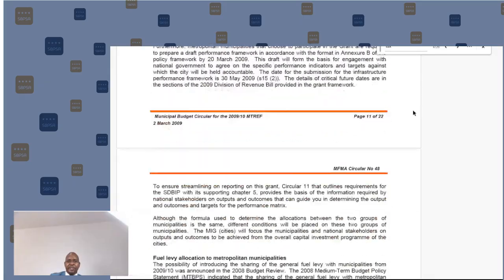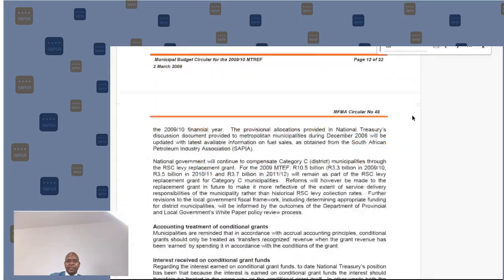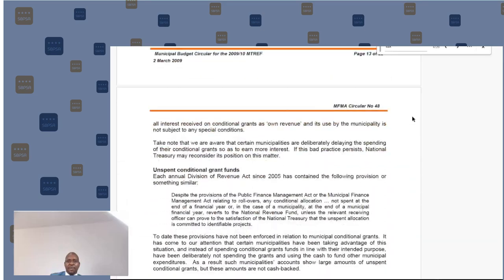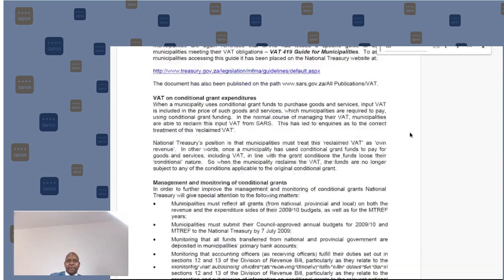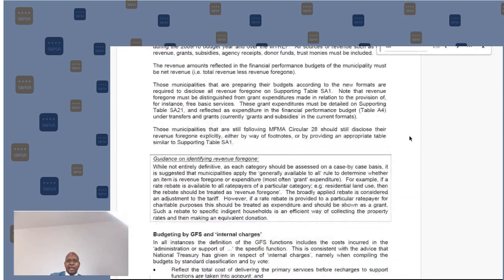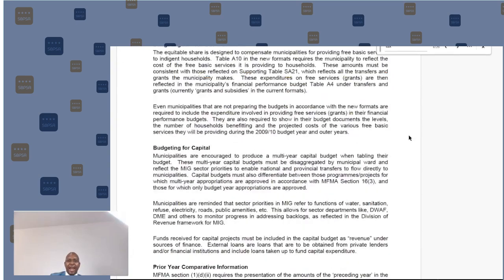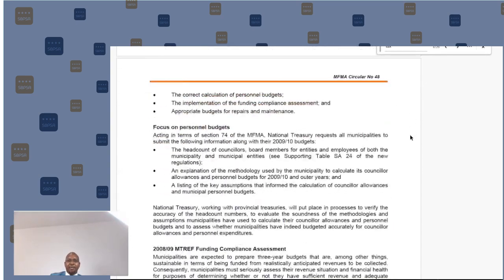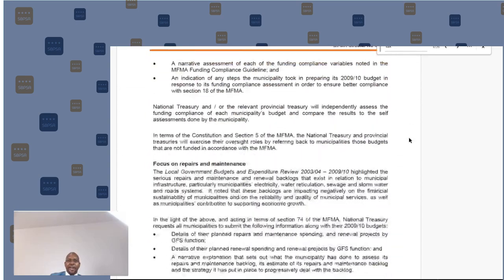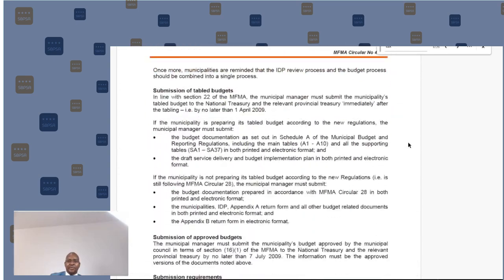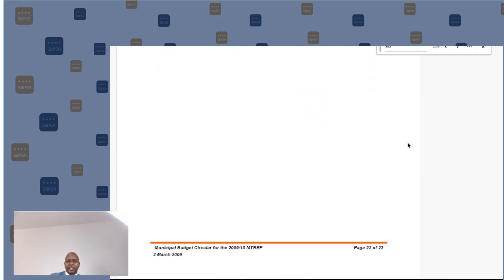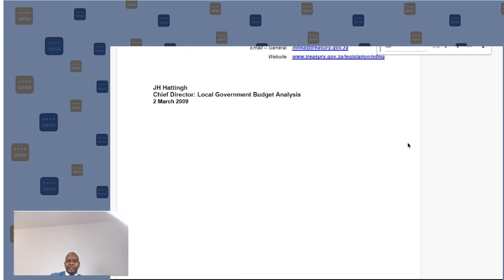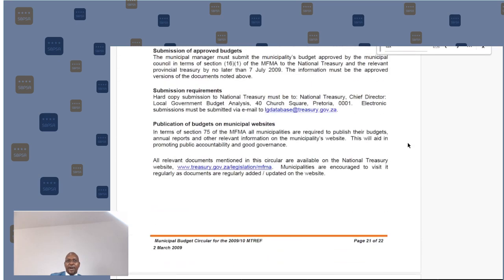We're going to come back to this circular when we're dealing with the MFMA and consolidating our understanding of the MFMA. But what we now know is that as far as the introduction of the MFPFA, this is how far this circular requires us to go, just to consider how the budget is going to be influenced by the introduction of the act going forward. All right, so that is how far that circular deals with that.